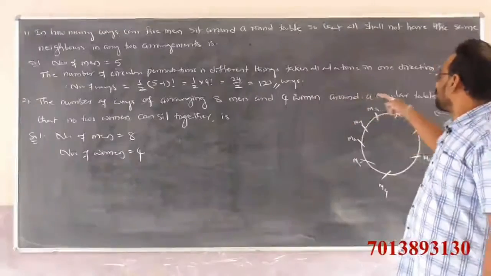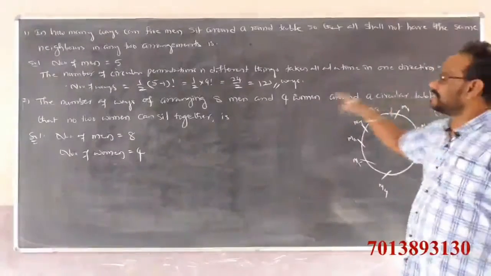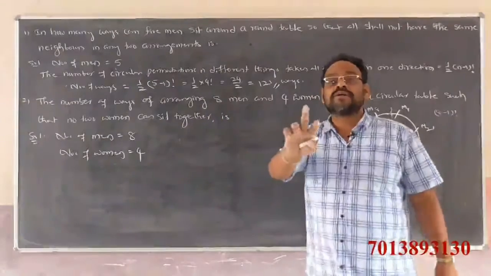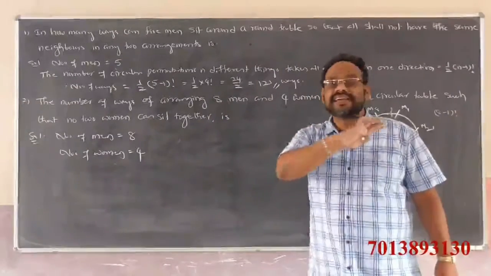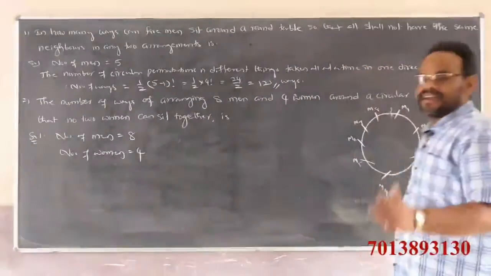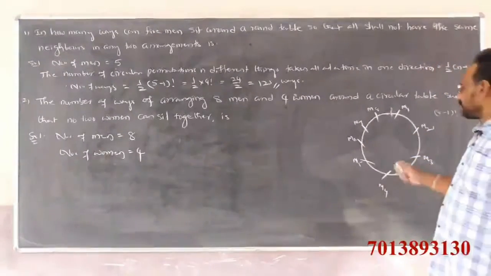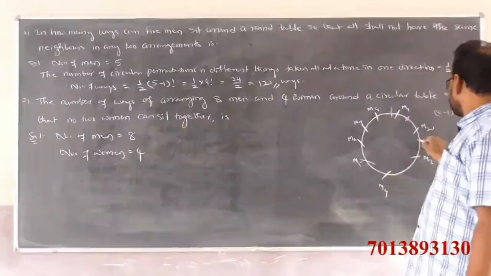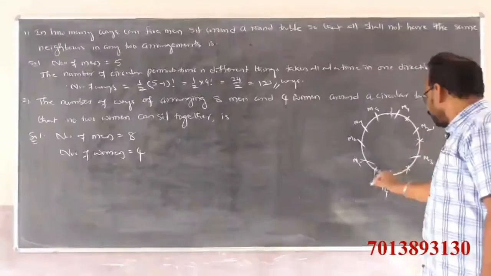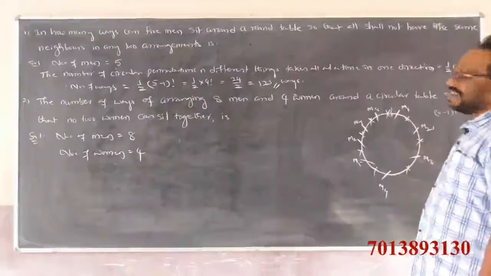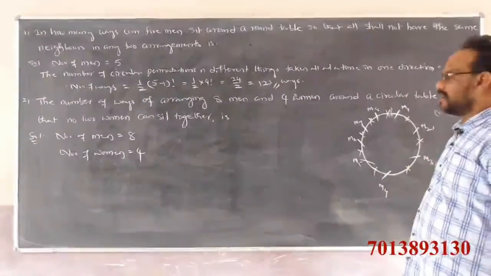Next, 4 women are around the circular table such that no 2 women can sit together. Clearly, women are arranged in these gaps only. How many gaps are there? 1, 2, 3, 4, 5, 6, 7, 8. Clearly 8 gaps.